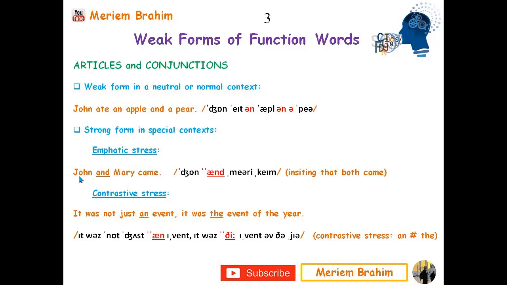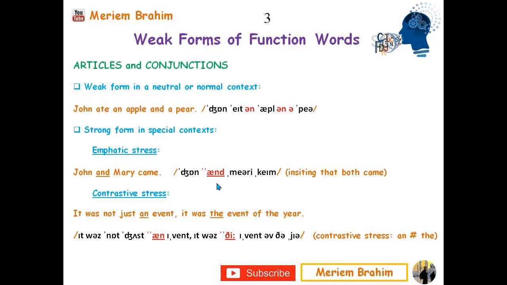So we have the sentence, John and Mary came. Normally and appears in its weak form, but because here the speaker is insisting that both came, John and Mary, and will be stressed, and the emphatic stress appears with two marks of the primary stress, as you can notice.